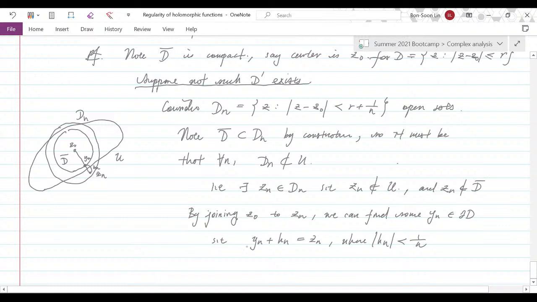Now, yn being in the boundary of D, which is part of D bar, by Bolzano-Weierstrass, there is a convergent subsequence.